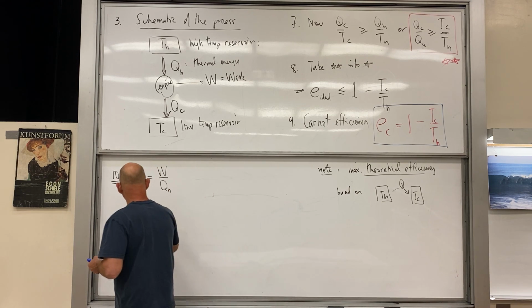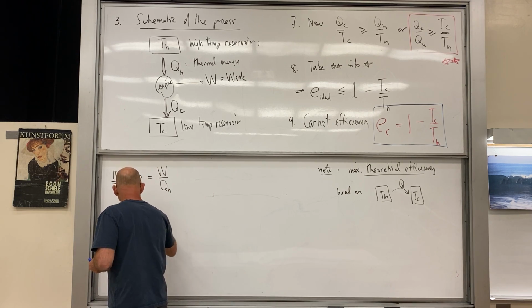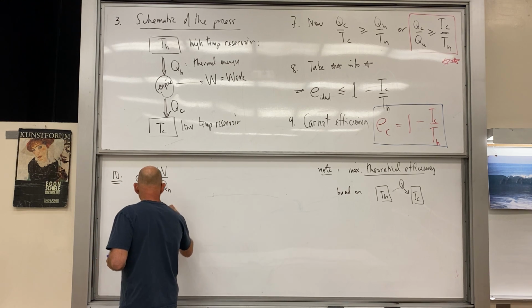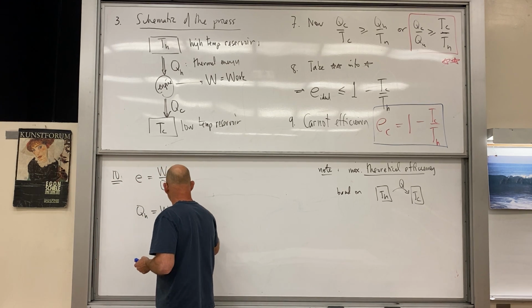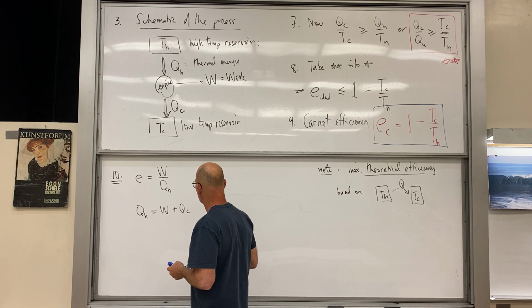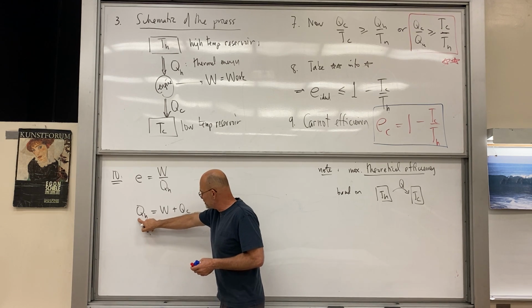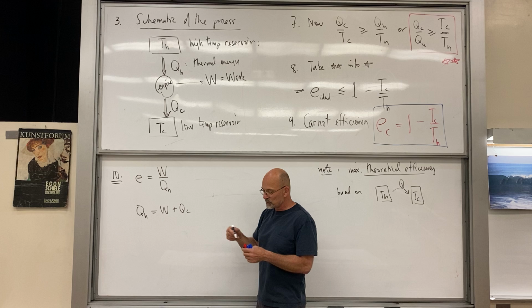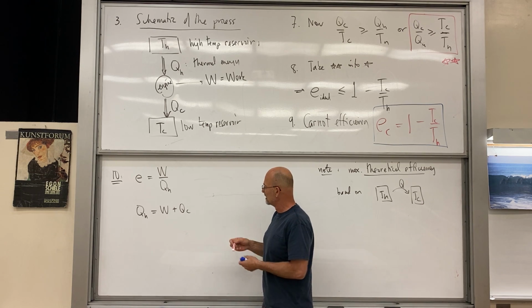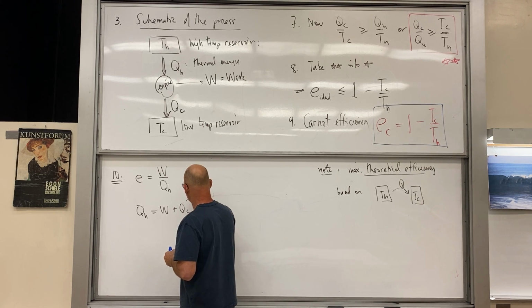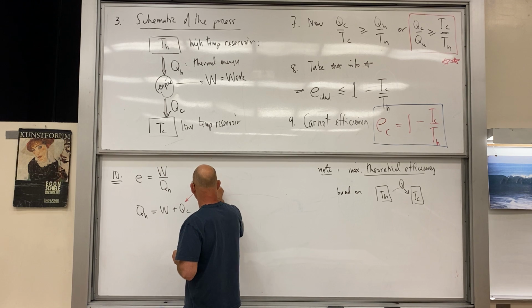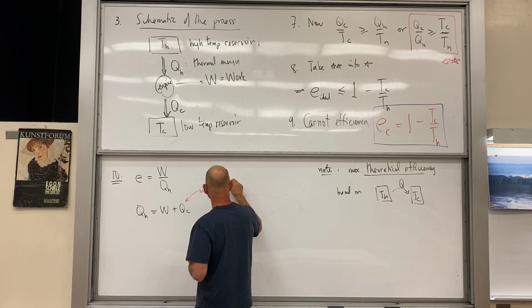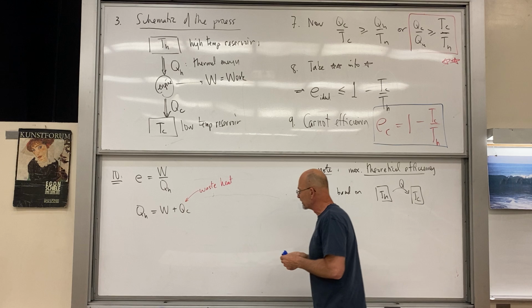We have, for the ideal engine, QH is W plus QC. Okay. And so this was the energy in, and this is what's sometimes referred to as the waste heat. If you're reading about this, that's the kind of terminology you'll run across.